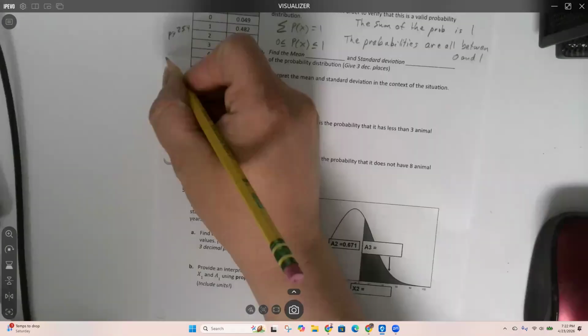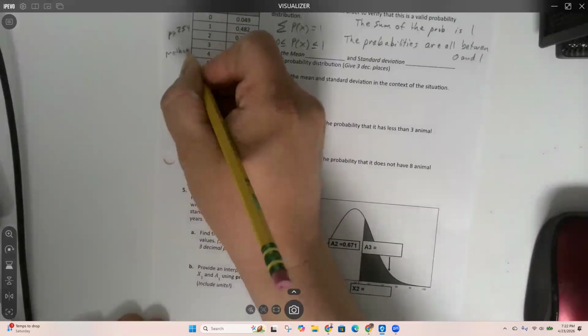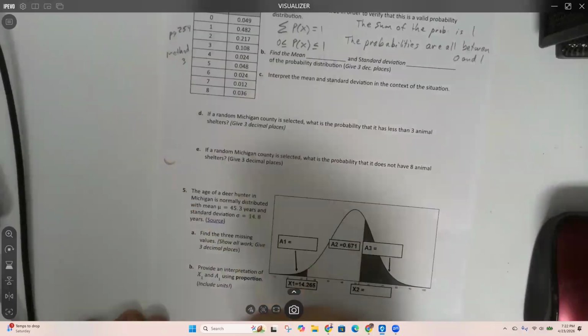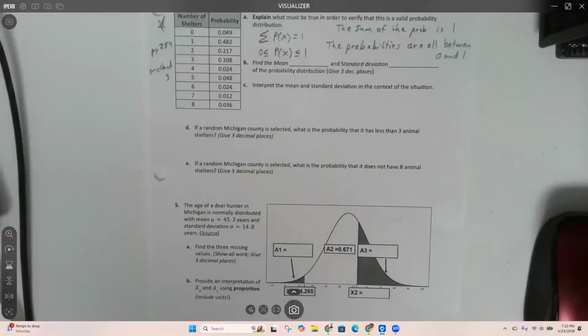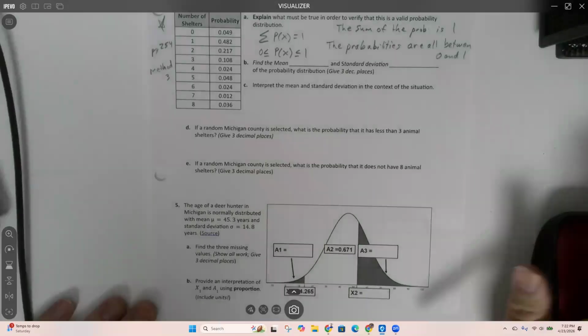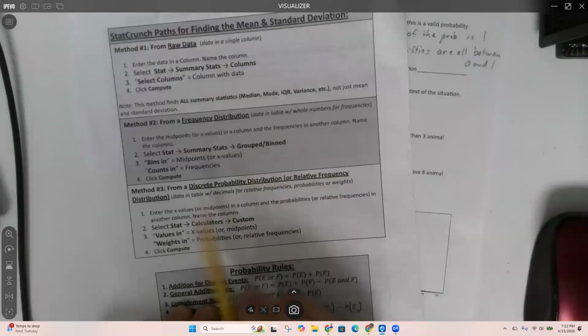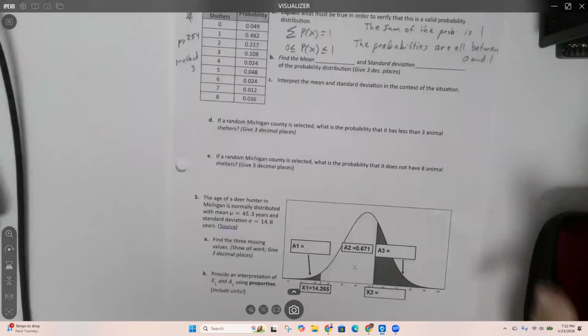This is method 3. If you don't know, put a star next to it, and we'll study this so that on test day you remember which method to go off of. This is method 3, which says stat calculators custom.